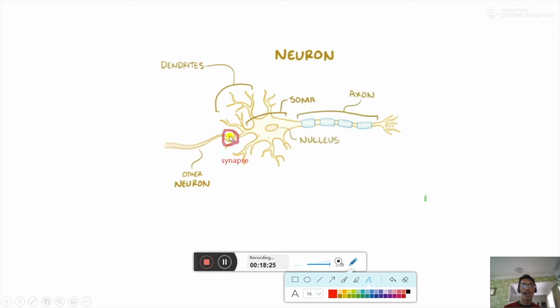Synapse is where the dendrite from one neuron is connected to another neuron. This connection is basically to pass the information. In this case, you have a synapse here. Probably these millions of dendrites mostly connect to millions of other neurons' dendrites. So within this one, you have many synapses.